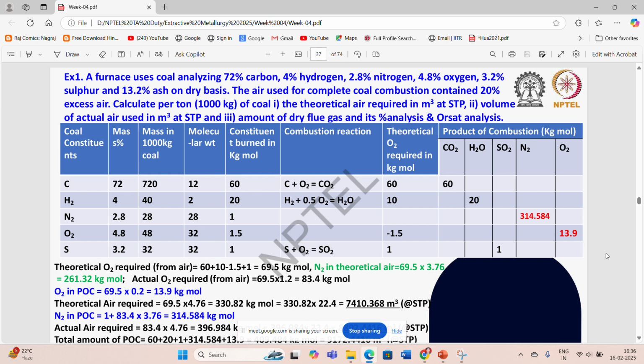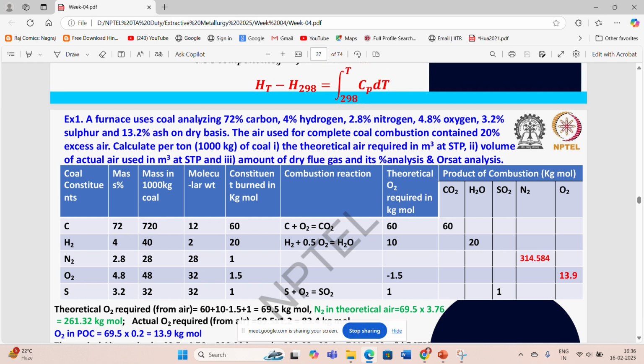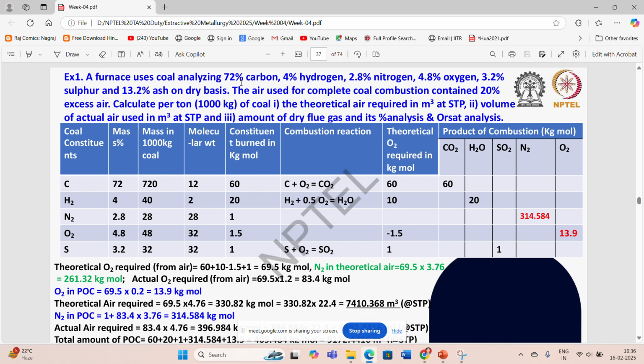So we have given a furnace that uses coal as a fuel source, which analyzes 72% carbon, 4% hydrogen, and other things are also there, and 13.2% ash on dry basis. So we are providing this fuel composition on the dry basis. The air used for complete coal combustion contains 20% excess air.